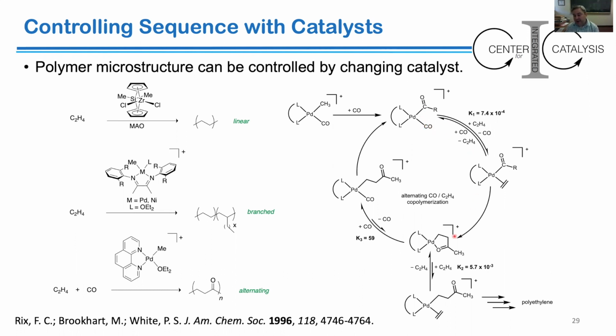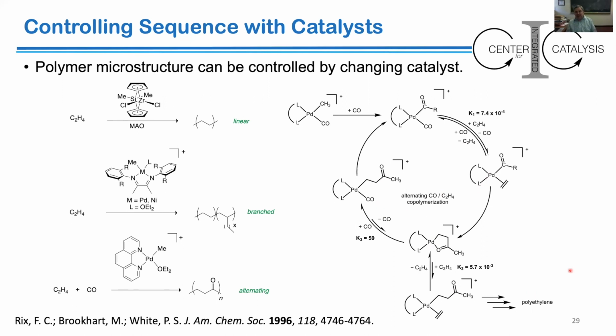And then also the relative rates: after the insertion of the ethylene to make this palladium complex here, you could envision further incorporation of ethylene to make polyethylene. But it turns out that the kinetics for this reaction are such that CO would prefer to react to break up this chelate, which then ensures that you get alternating ethylene and CO rather than pure polyethylene.